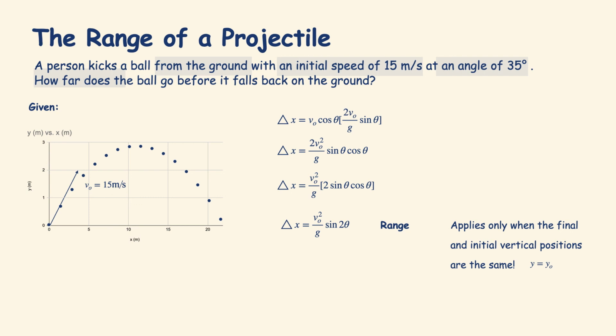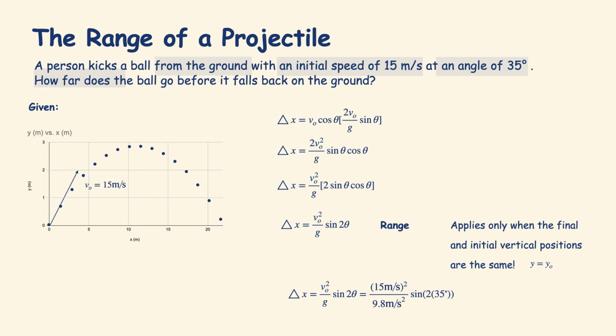If for some reason the ball ends higher than its original position or lower, then you just have to go back and repeat all the steps in this video. The physics is the same, the analysis is the same. The only thing different here will be the math. You'll just end up with some quadratic equation. So the algebra is going to be just a tad bit more complicated than what it is now, but otherwise the physical solution is the same.